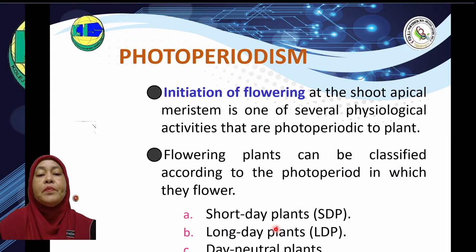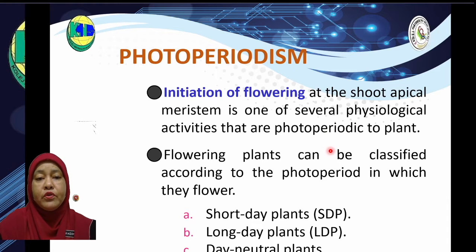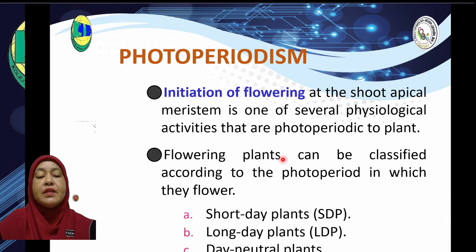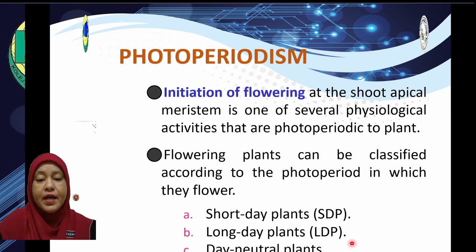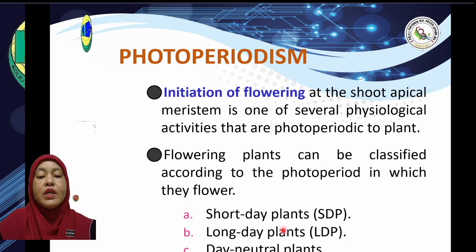Photoperiodism refers to how the initiation of flowering at the shoot apical meristem is one of the several physiological activities that are photoperiodic in plants. Flowering plants are classified into three types: the short day plant, SDP, the long day plant, LDP, and the day neutral plants.